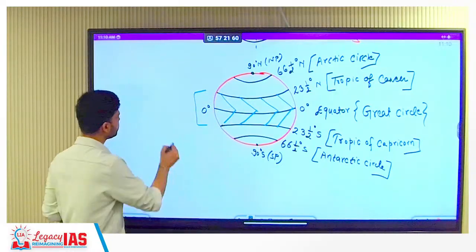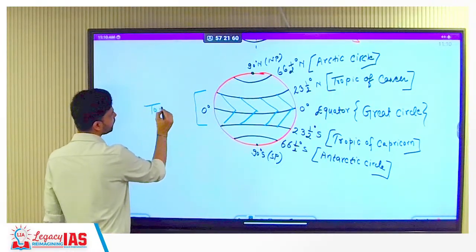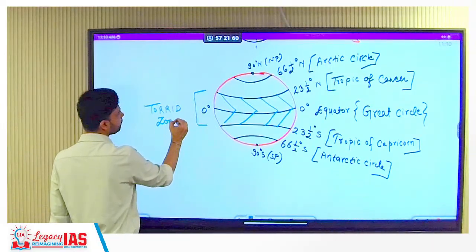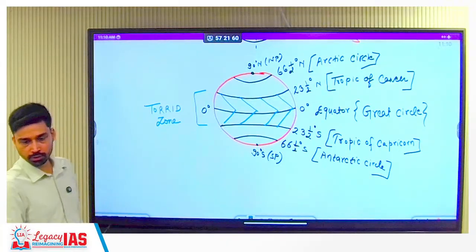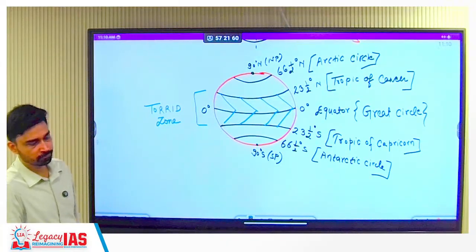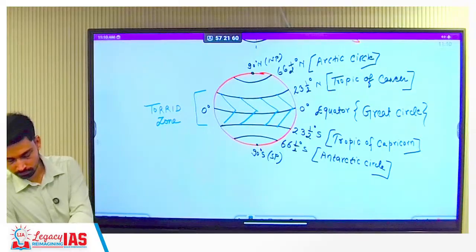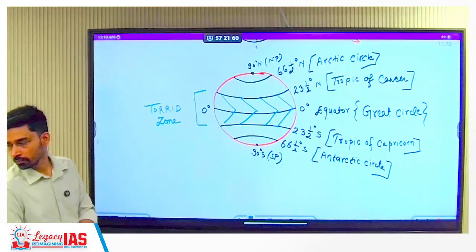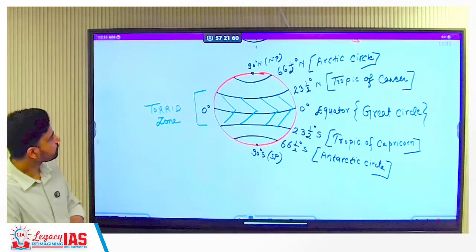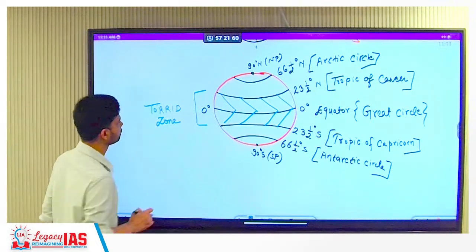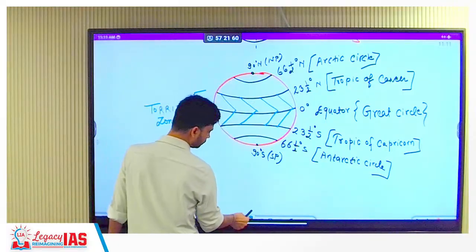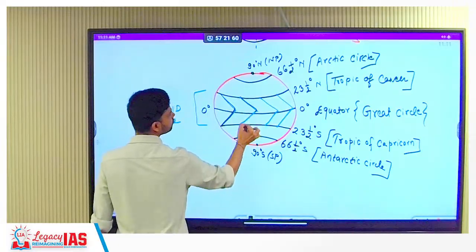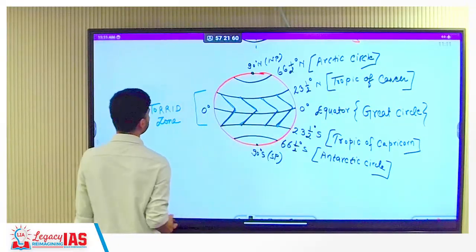So that's why this entire zone between Cancer and Capricorn is referred to as the torrid zone, the heat zone.